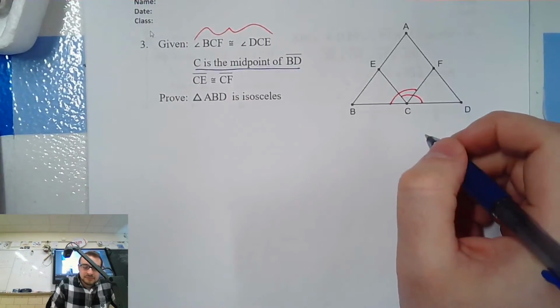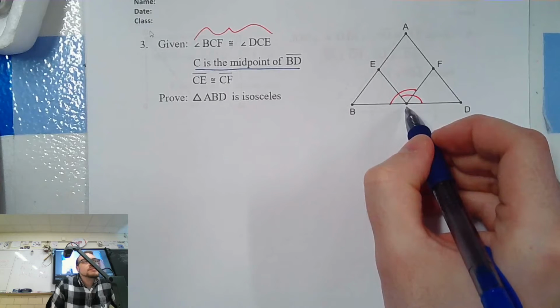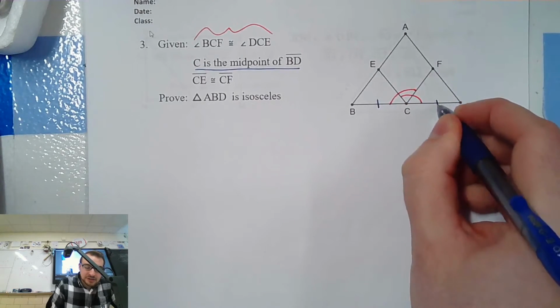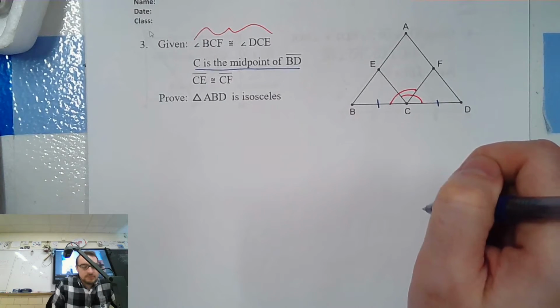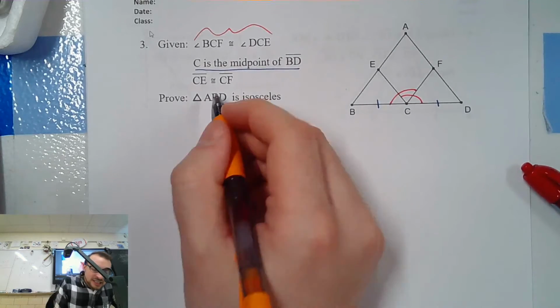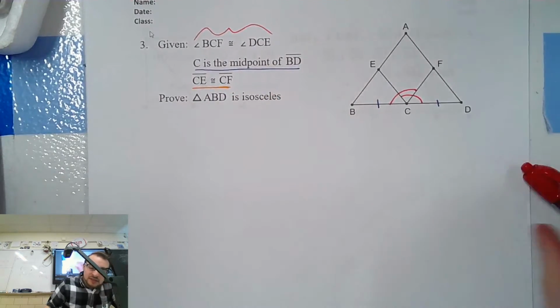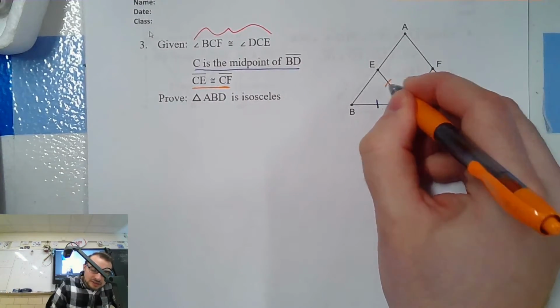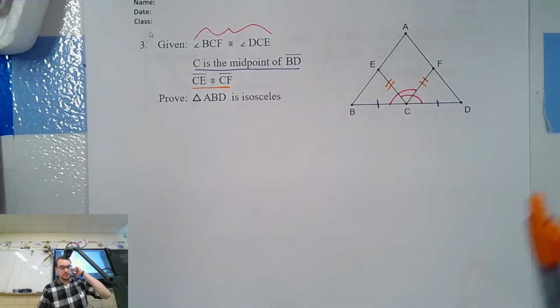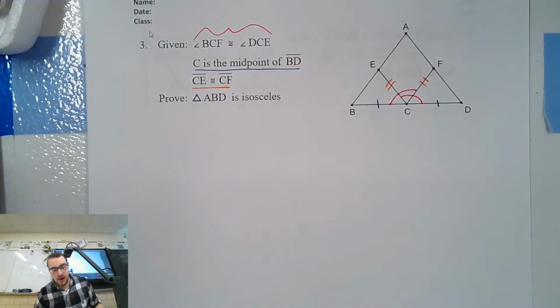So what does that mean? BC and CD are the same, right? C's the midpoint, cuts it in half. And then CE and CF are the same. So here's CE, and here's CF.